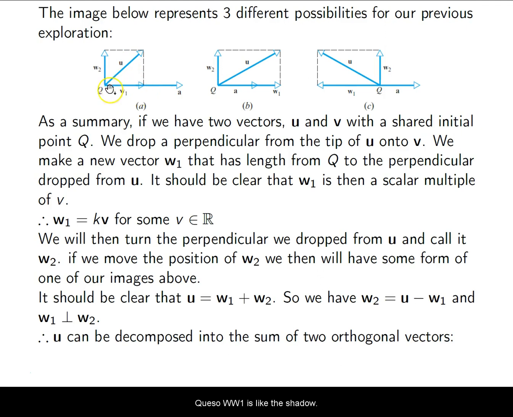So W1 is like the shadow that u casts on that v vector. You should have seen this in calculus 3, maybe not this in depth, but you do talk about projections in calc 3. Generally, you talk about projections of a vector in R3 down onto R2, for instance. Very similar.